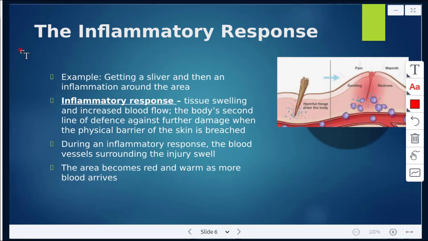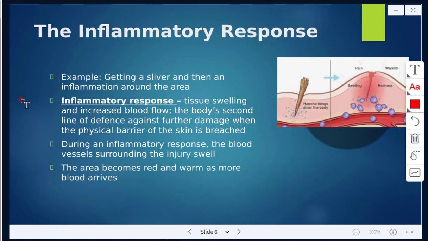Next is the inflammatory response. All right, so the first line of defense was those physical barriers. The second line of defense is the inflammatory response. So for example, if you get a sliver in your skin, you'll notice an inflammation around that area. So that's called the inflammatory response. Tissue swelling and increased blood flow. It's the body's second line of defense against further damage when the physical barrier of the skin is breached.